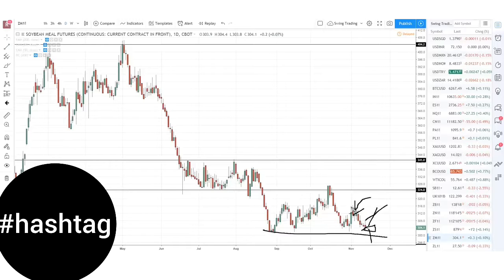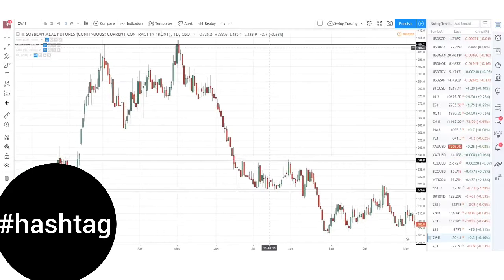You're against the trend, plus you don't have a power move into market structure, plus you have this swing high nearby, which could actually turn the tide of your trade. So this is why I emphasize a lot: look for a power move into market structure. That is really important.